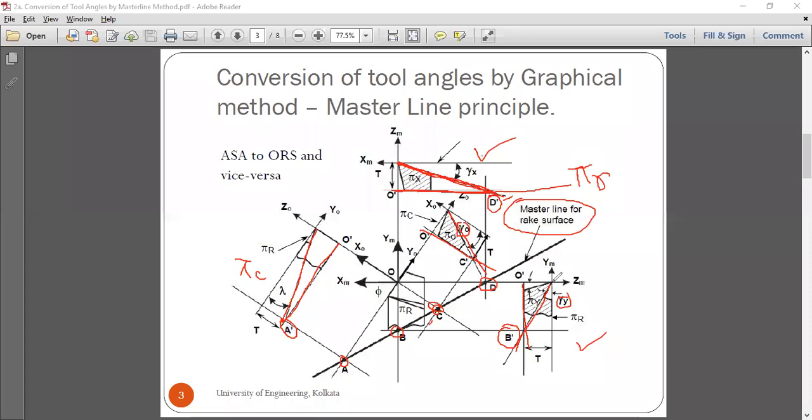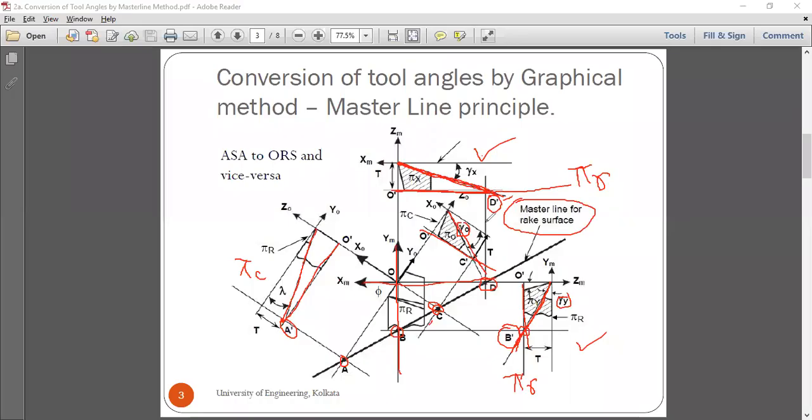Again, for this gamma y, if you extend it, you try to intersect it with this pi r. This is again your pi r, this line. So if it intersects here, you are getting B dash. So you are on the section line. This is your section line for y. This is your section line for x. So on this section line, you take a projection of these points.